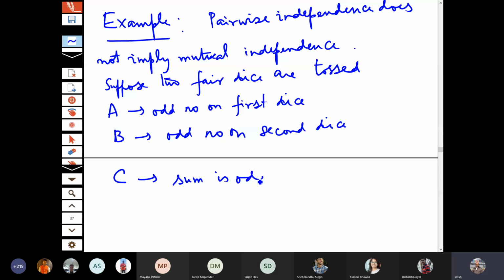Okay, so let us look at whether A, B, C are independent. So what is the probability of A? So odd number is on the first dice, that is half.